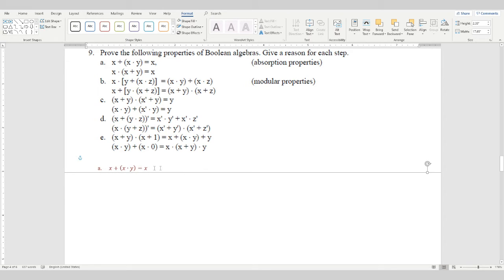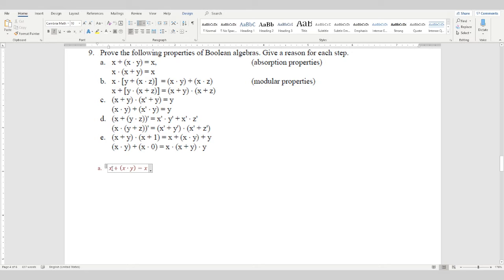So if we're starting with this, the first thing we can do is kind of a common trick for a lot of these problems. If we can turn something here into a form of 1, or rather if we can put something in using one of the properties that doesn't do anything, like multiplying by 1 or adding 0.